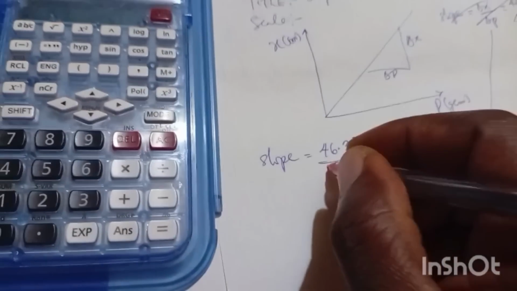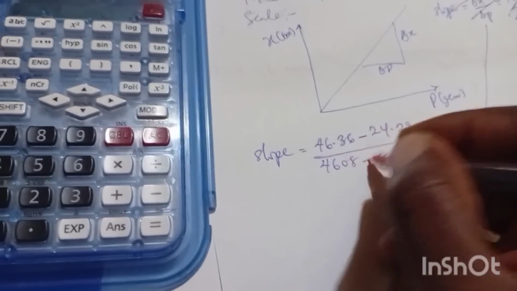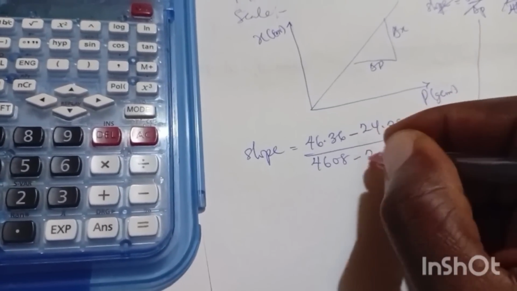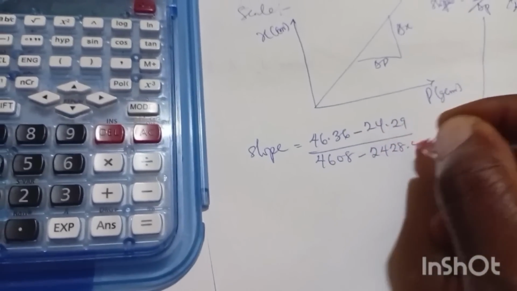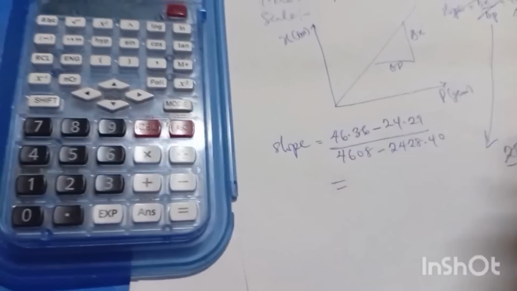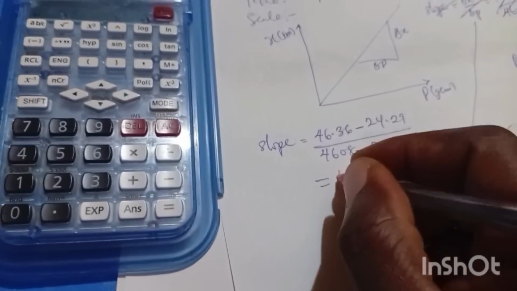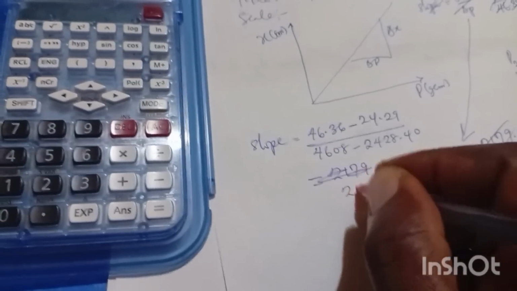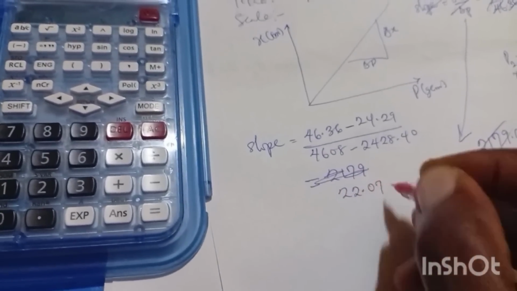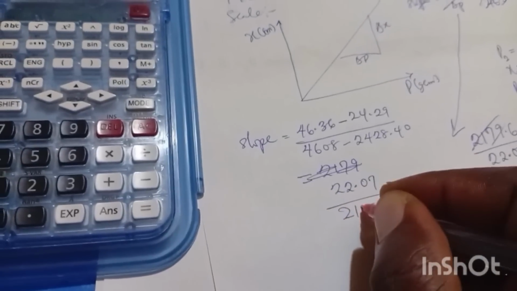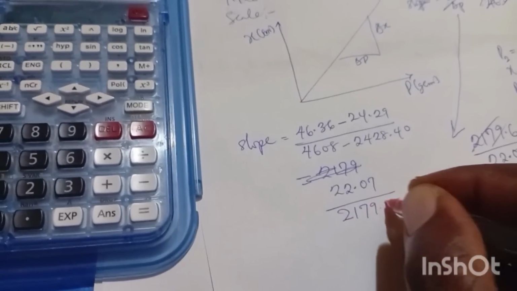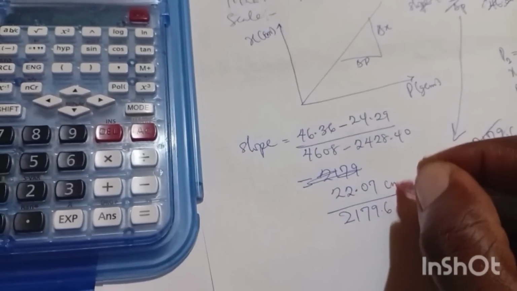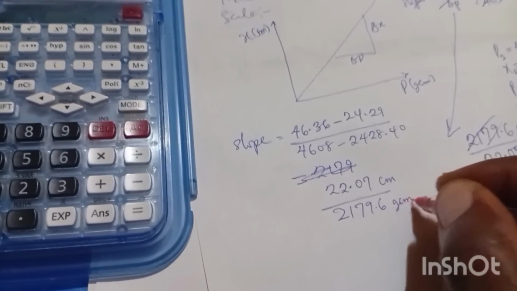My p2 is 4608 minus 2428.40. From my calculator, I am getting 2179.6. So I'm getting 22.07 over 2179.6. Remember, this one is in centimeter, this one is gram centimeter.